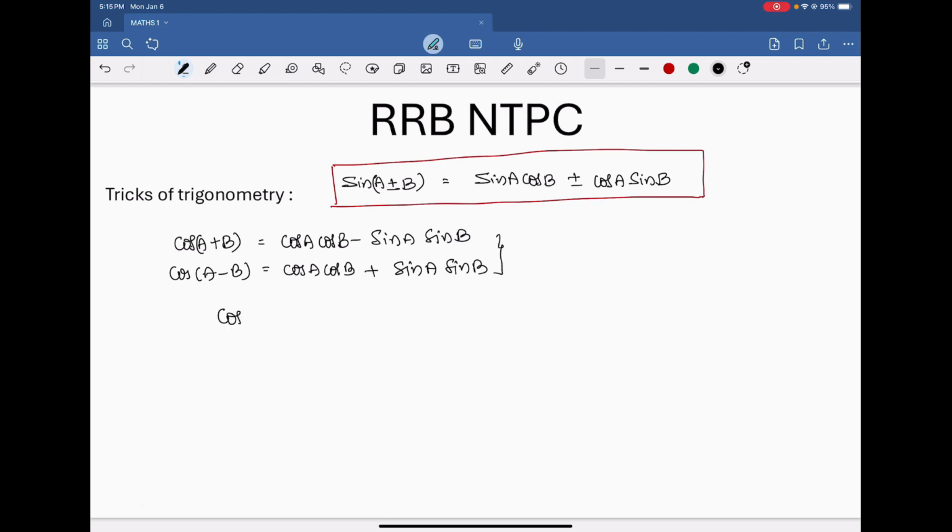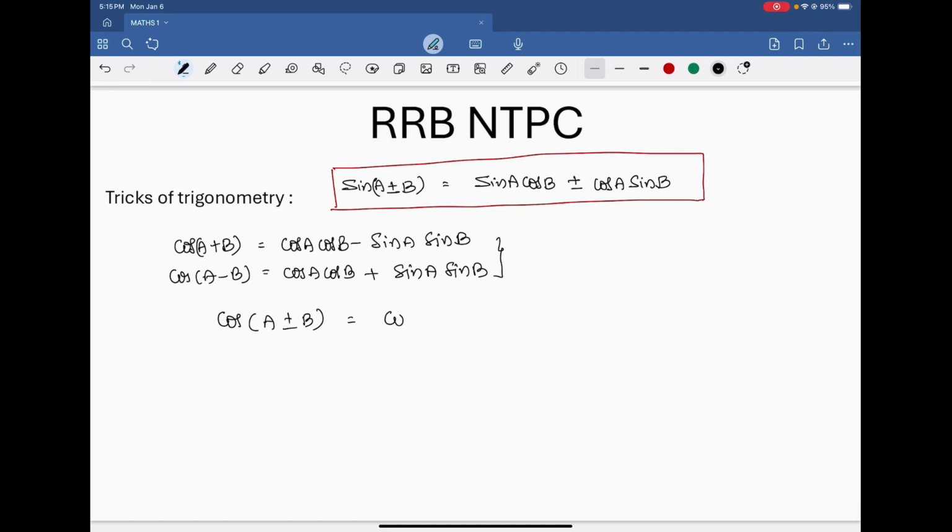This combined formula can be written as cos A plus or minus B is equal to cos A cos B minus or plus sin A sin B. This minus or plus comes on the right hand side when there is a plus or minus on the left hand side. That sequence should not be broken.